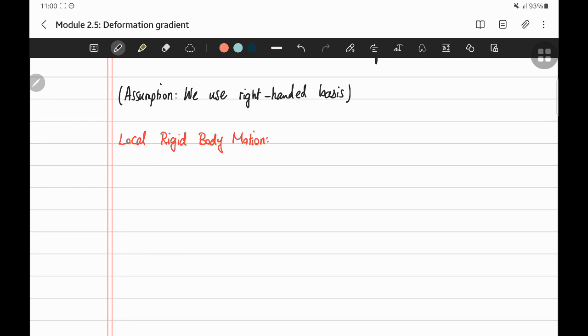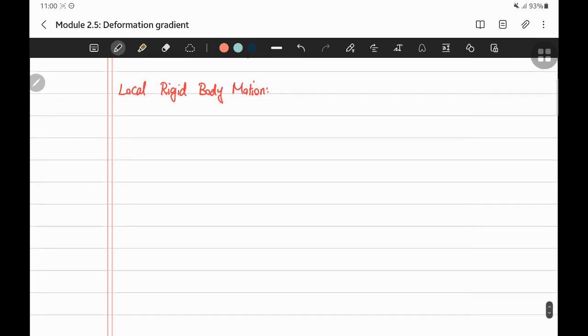So with this in mind, we know that we have a local rigid body motion. So neither length nor angle of the element are changed.